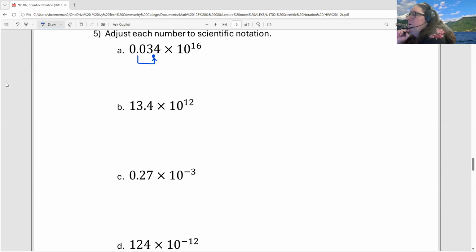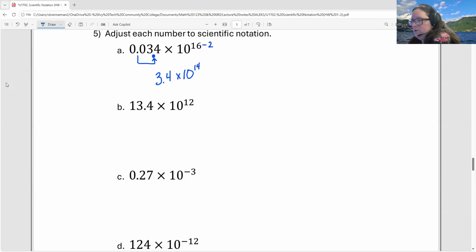This number was too small, so we're going to a smaller power. We're going to subtract 2 from the power of 10. So balancing, anytime you move the decimal point, that has to be balanced by some sort of unit change, in this case, changing the power of 10. So we're going to have 3.4 times 10 to the 14th.